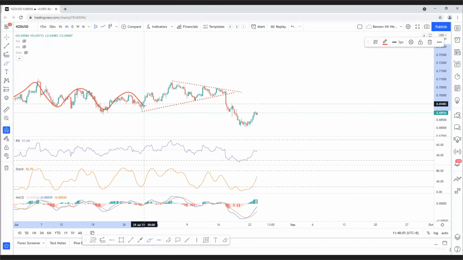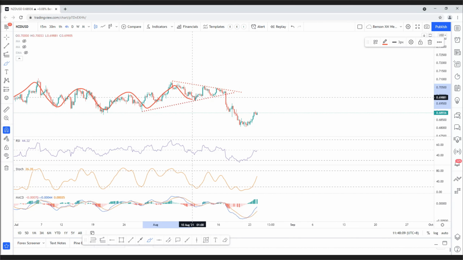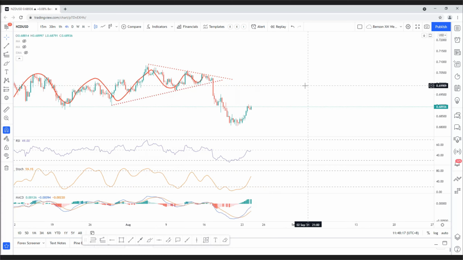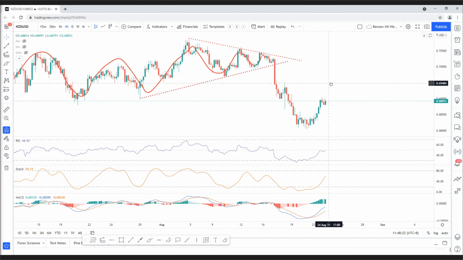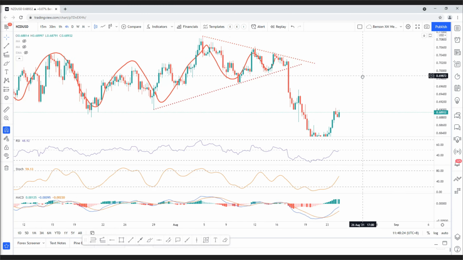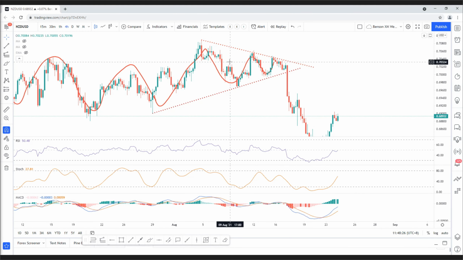Then over here it started to form a symmetrical triangle. Okay, so this symmetrical triangle, if you guys remember, it's harder to justify which direction it will break out.